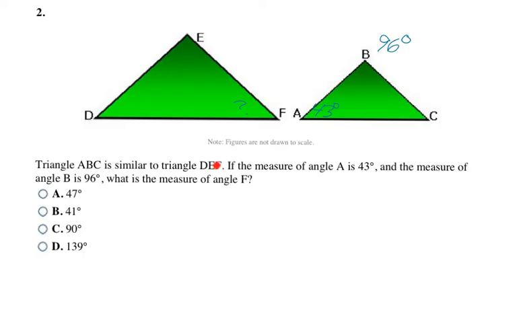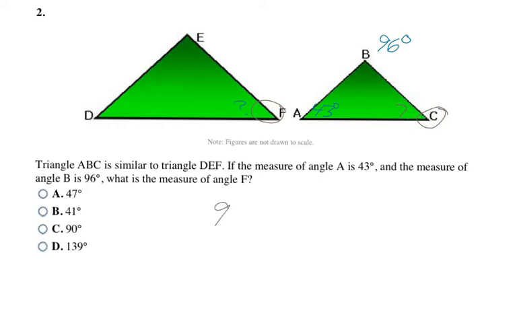Well, when I look in the similarity statement, F is last and C is last, so that means F and C are going to be corresponding angles. But I don't know what C is either. So I'm going to have to solve for C. And the way that you do that is that you know there's 180 degrees total when you add the three angles of a triangle. So if I add how much I have used between these two angles and subtract it from 180, that'll give me my answer.